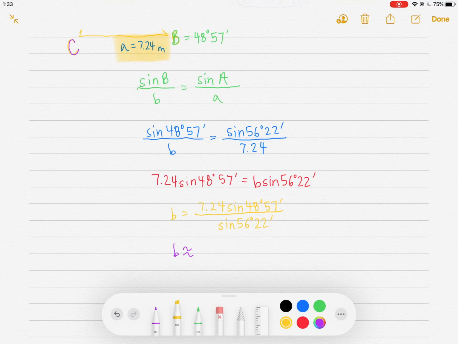Okay, so 7.24 sine of 48 degrees, 57 minutes, divided by sine of 56 degrees, 22 minutes.